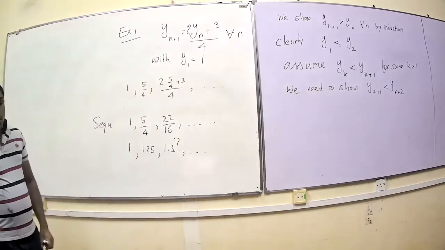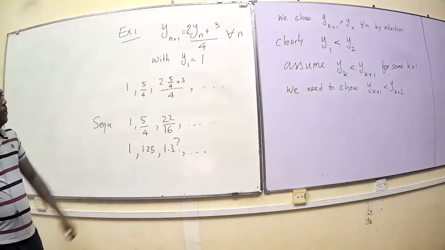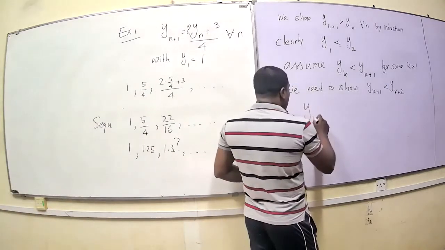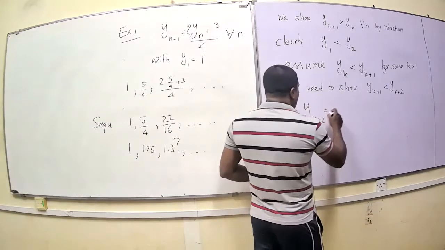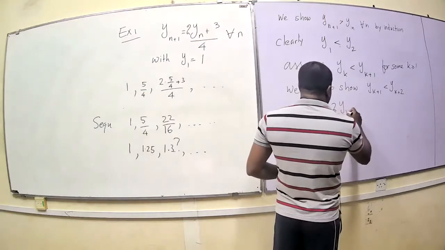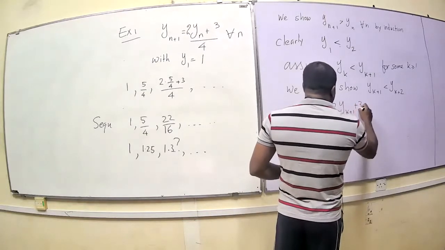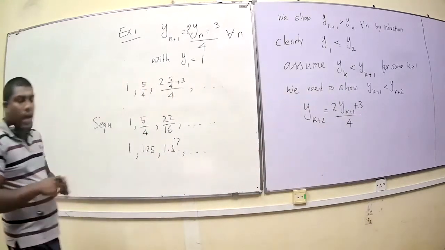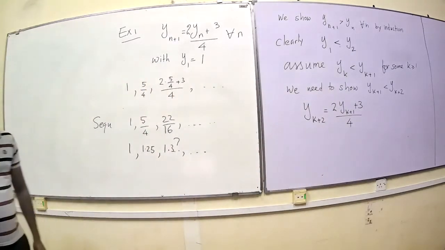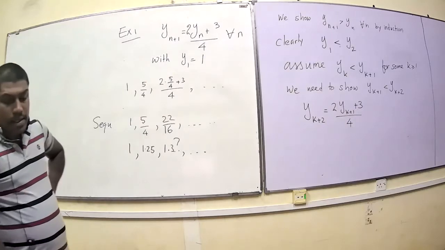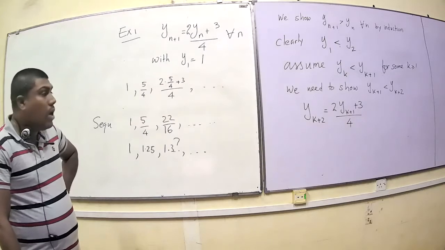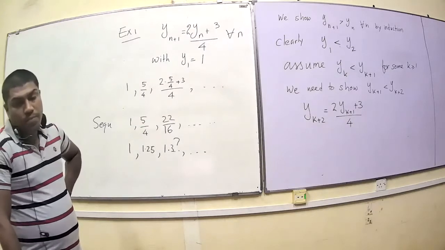If you want to show this, you have to start computing yk plus 2. So this is 2 times yk plus 1, plus 3 divided by 4.